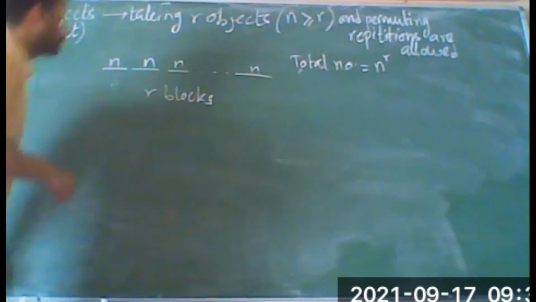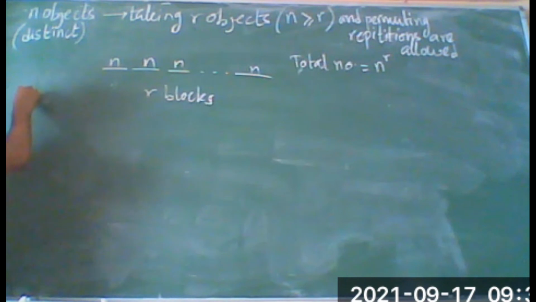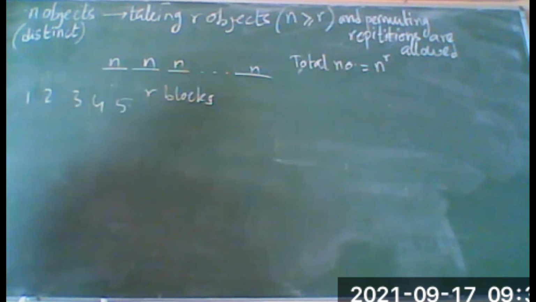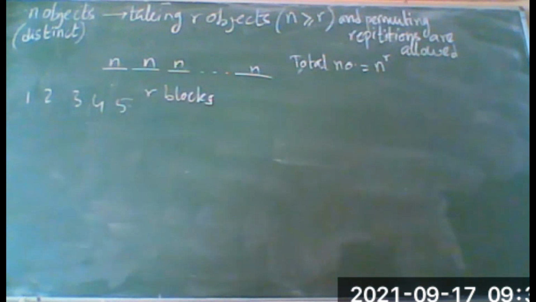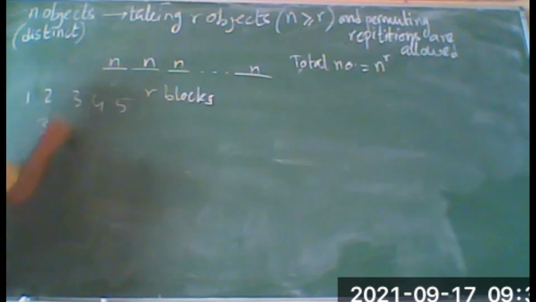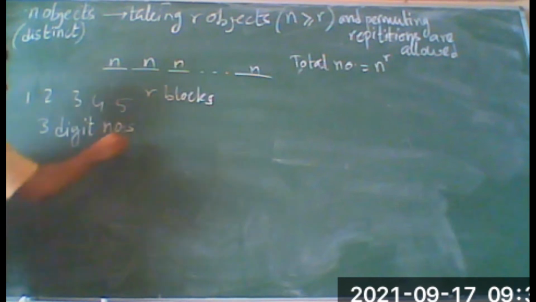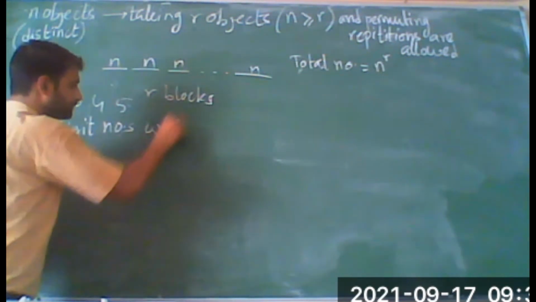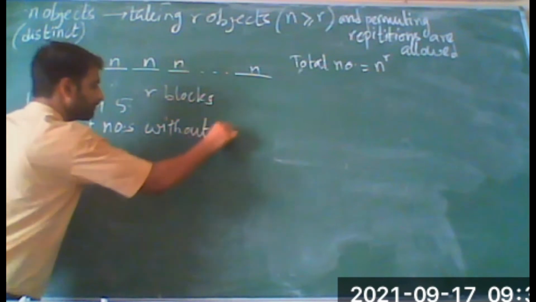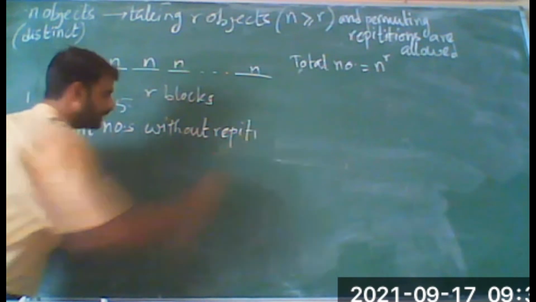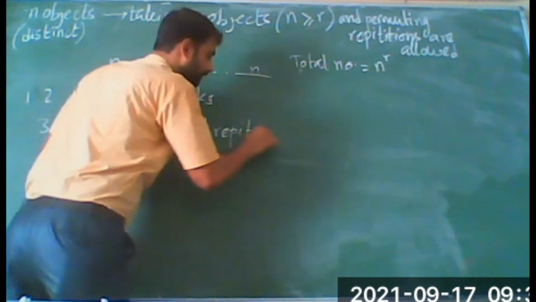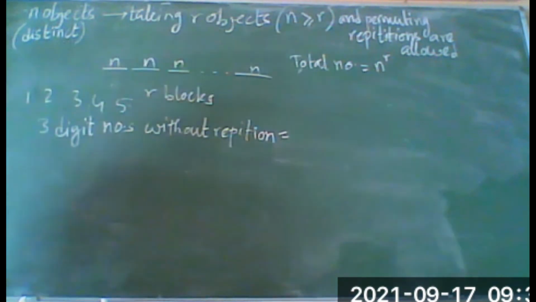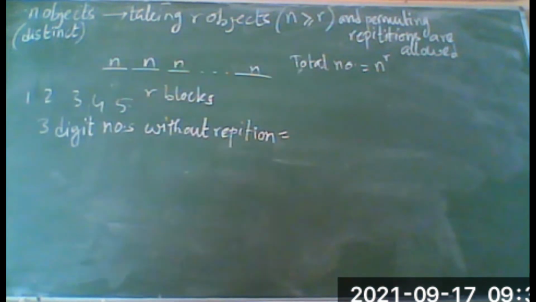If I ask you, you have the digits 1, 2, 3, 4, 5, and you have to form 3-digit numbers without repetition, what will be the number? Let me include 6 also.